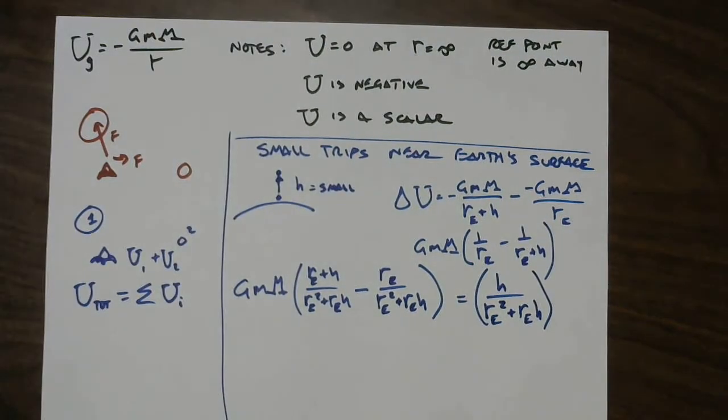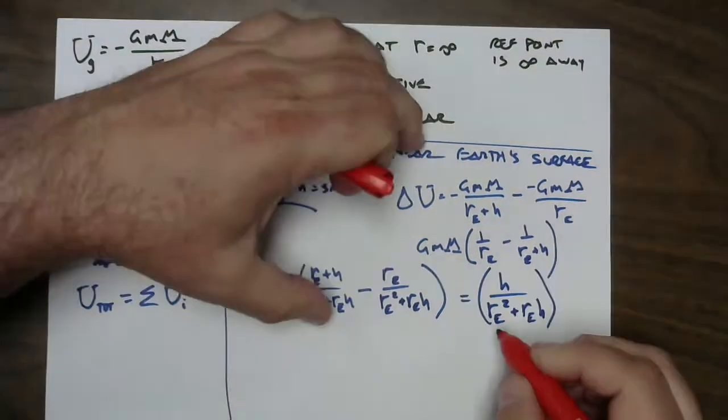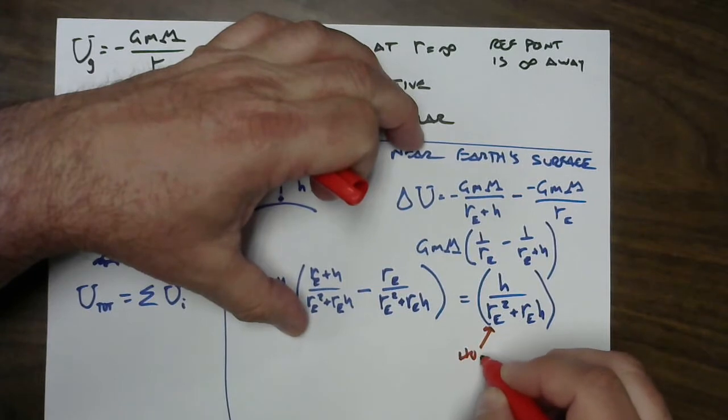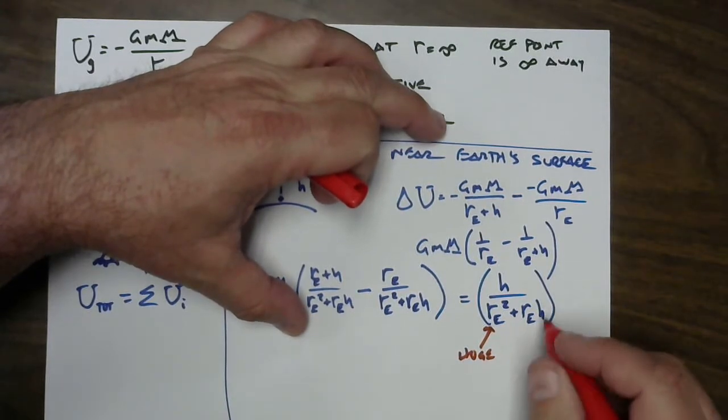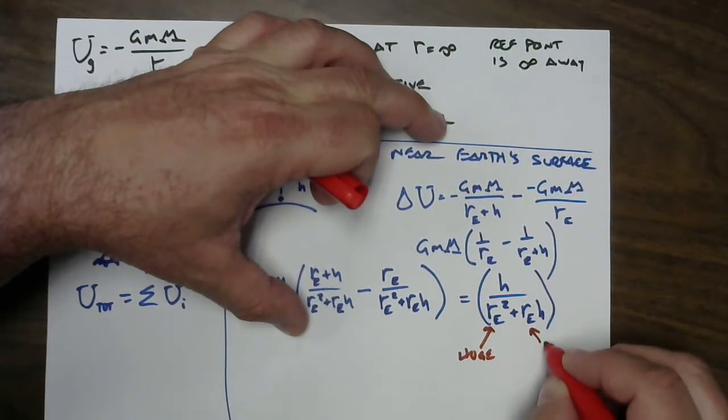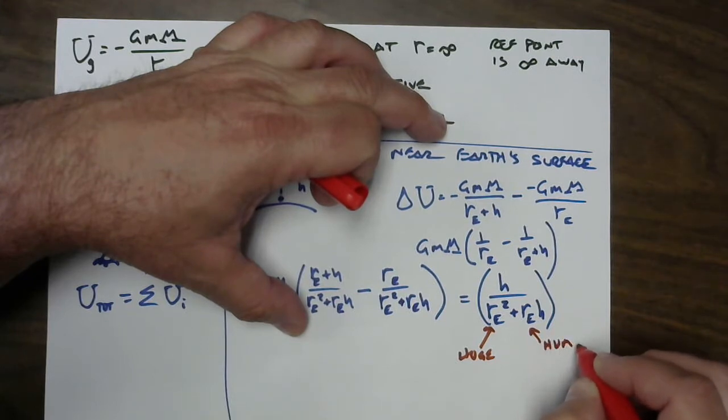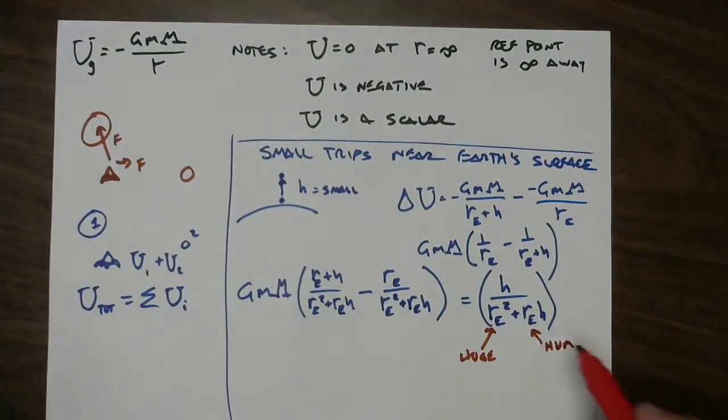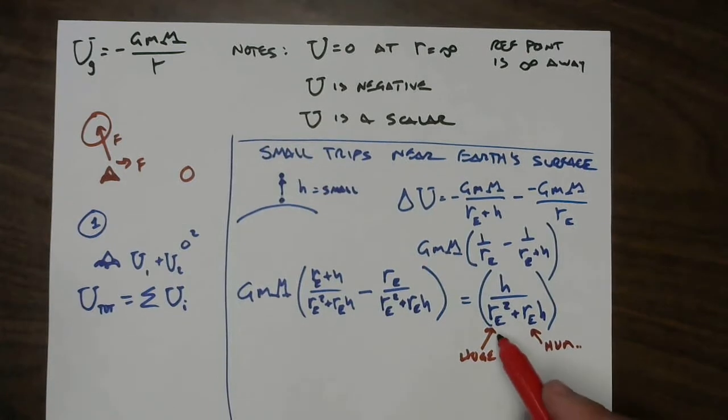And here we can exploit the fact that h is very small compared to Re. So Re is huge when it's squared, and Re times h is just kind of nothing. You know, a big number times a small number. It's a medium-sized number, but that's huge.